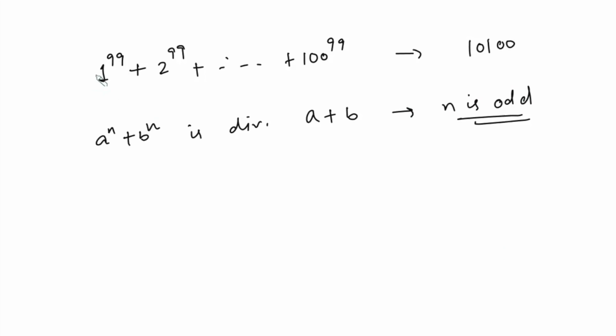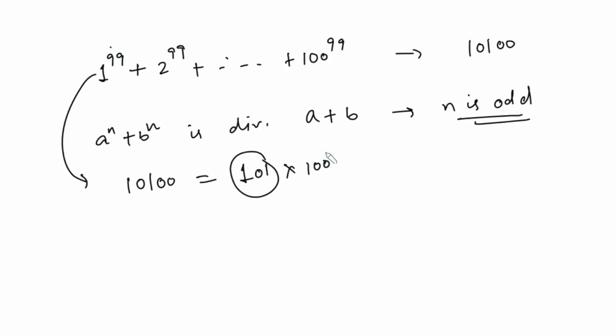In order to prove that this expression is divisible by 10100, which is basically 101 times 100, we can prove that this expression is divisible by 101 and 100.